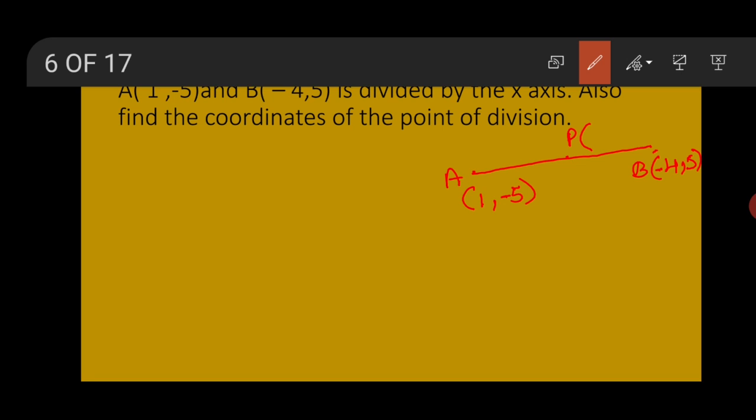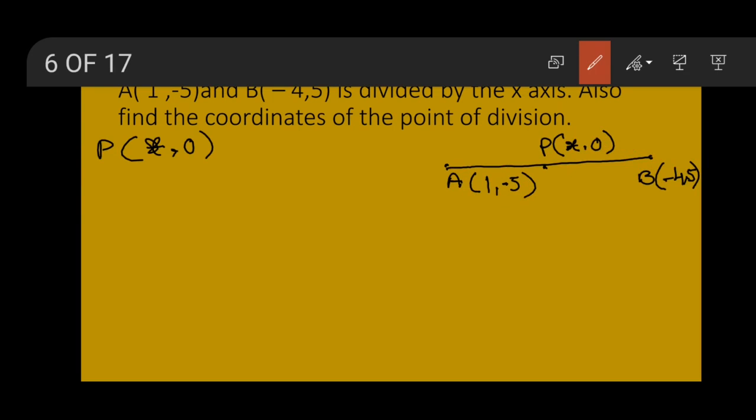Here we have to find the coordinates of the point of division. So take any point P, but it is given that clearly it is on x-axis. So point on x-axis is always in the form of x comma 0. So we have to calculate what is m1 and what is m2.